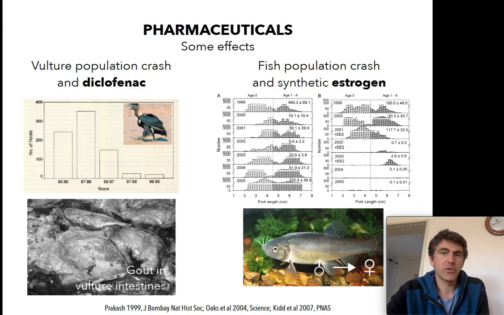So if you have increasing numbers of females, then ultimately you end up with a sex ratio which is essentially not viable, because you end up with too many female fish and not enough male ones. So this can actually happen.